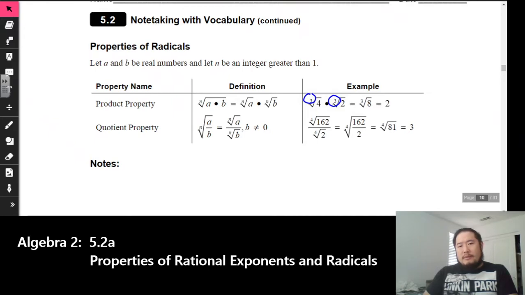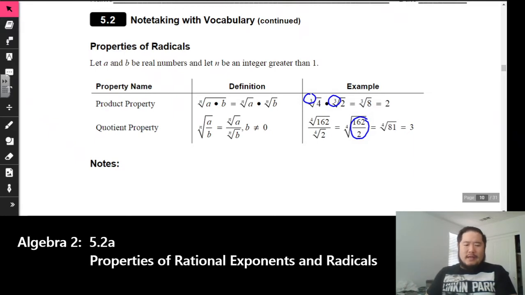Remember, sometimes you may be able to look inside right here at the radicand and simplify that. Luckily, 162 divided by 2 is 81. And so I just need to take the 4th root of 81, and that equals 3. You can't take the 4th root of 2, okay? So that becomes a problem.